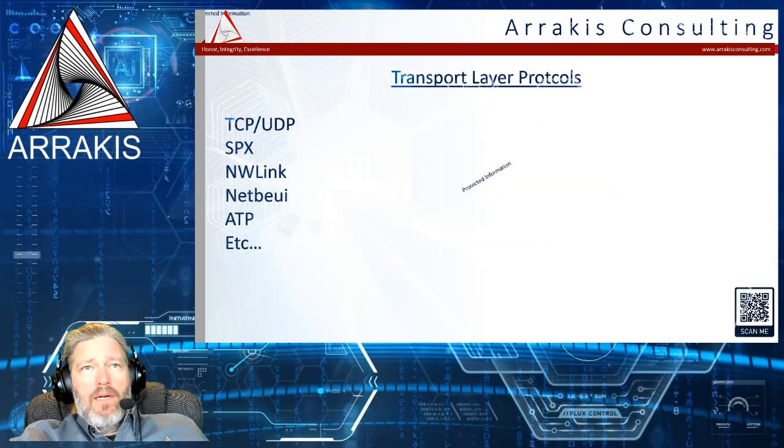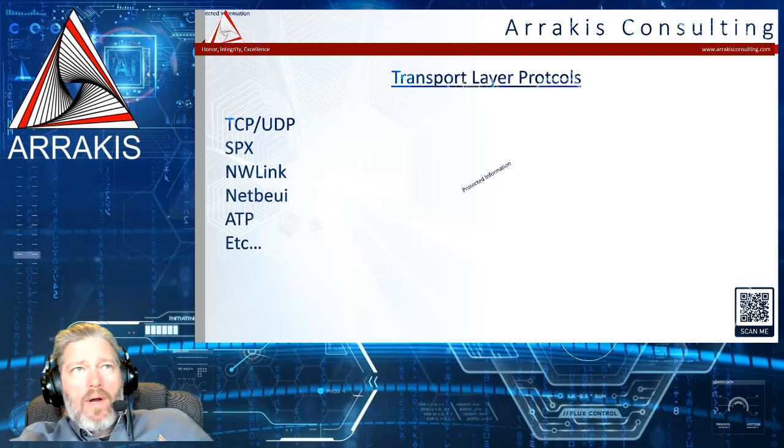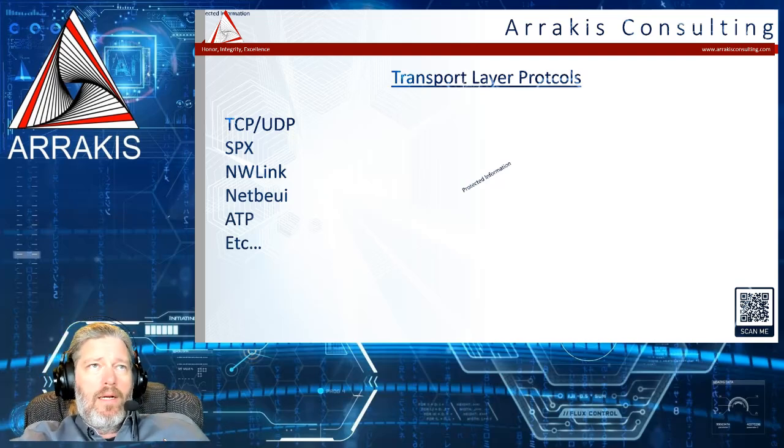There's also a set of transport layer protocols that are found here. I've already talked about TCP, UDP, SPX. That's a Novell protocol that I doubt anybody's ever going to see. The whole thing about SPX is IPX/SPX, just like TCP/UDP. The only thing is that SPX is the transport layer, IPX is the network layer.